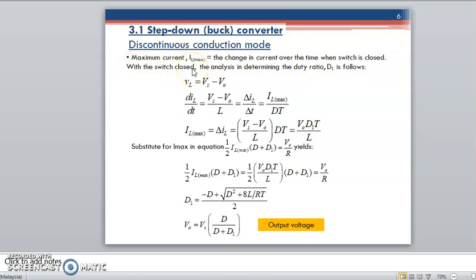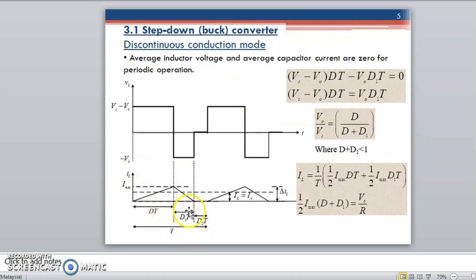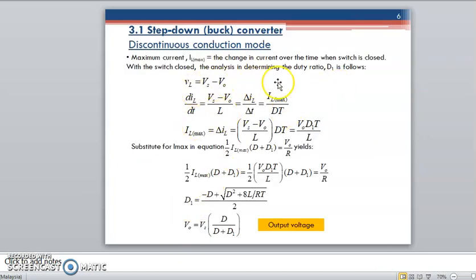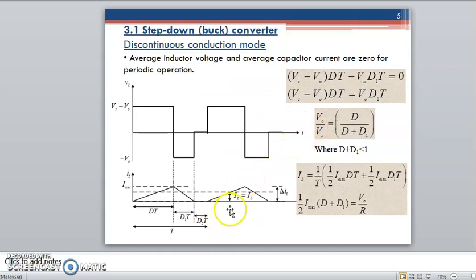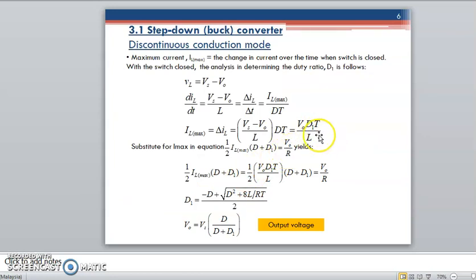When the circuit is switched on, the analysis determines that with the duty ratio of D1 just now, you will get your IL max, the delta IL, of V naught D1 times period T, where T is the whole cycle of ramp up, ramp down, and blank, divided by L.